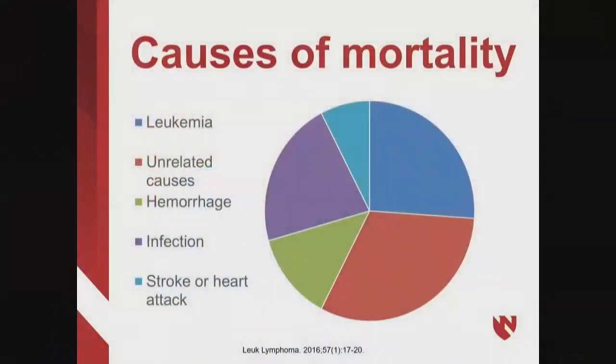Now, when we think about MDS, why do people not do well? Oftentimes, people feel that that's because of leukemia. The reason I have this slide is that that's not necessarily the case all the time. You can see that many people don't survive because of completely unrelated causes, or stroke or cardiovascular complications, which are quite common. In part because MDS is most commonly diagnosed in someone in their 60s, 70s, and 80s. People have other health problems, including hypertension, diabetes.